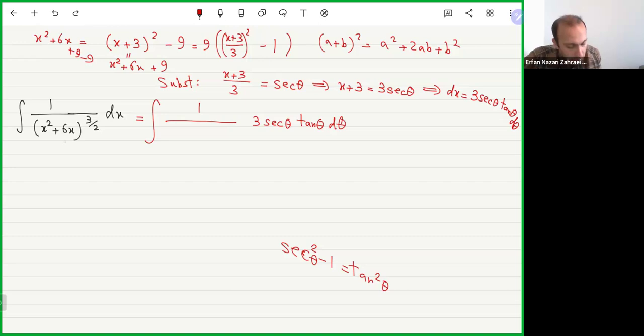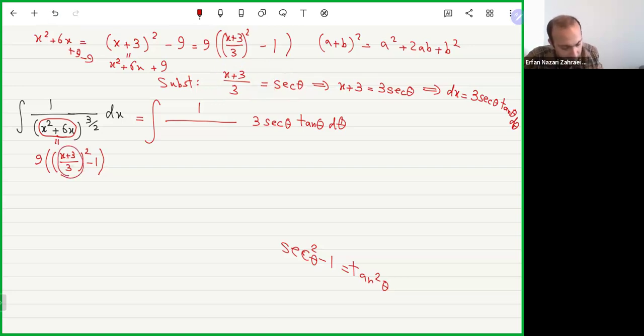Now I should write this, but let me take advantage of the computation that I did up to now. I checked that x squared plus 6 is the same as 9 times (x plus 3 over 3) squared minus 1. I already did this computation here. And I'm substituting x plus 3 over 3 with secant theta.